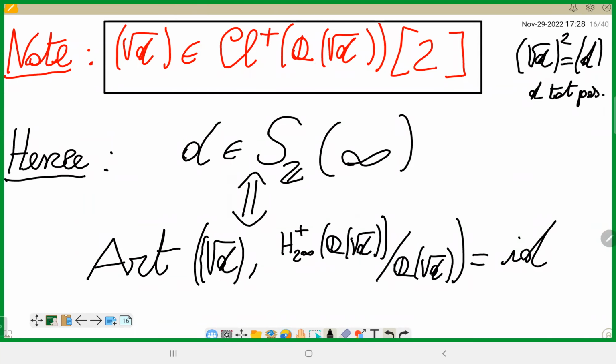And so you see from here that you sort of can cut down a lot the part of the Hilbert class field that you have to consider. You have to take the Artin symbol of square root D, not in the full Hilbert class field, but in the maximal 2 power Hilbert class field.